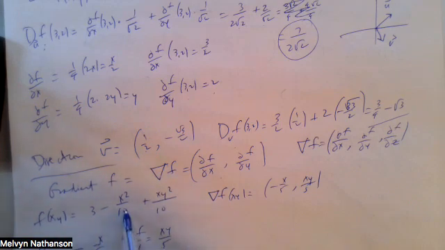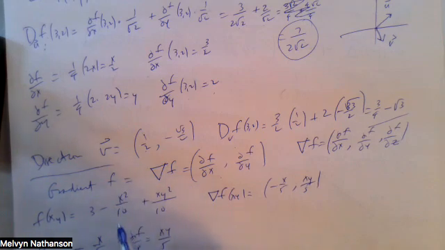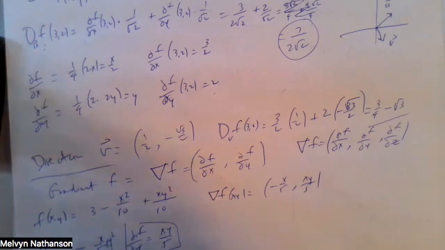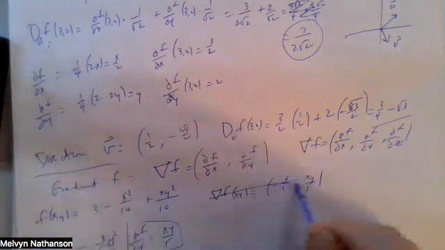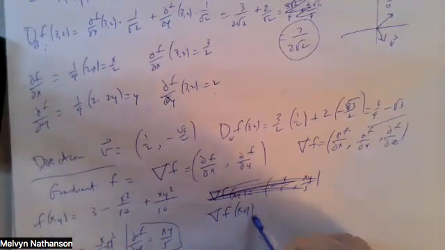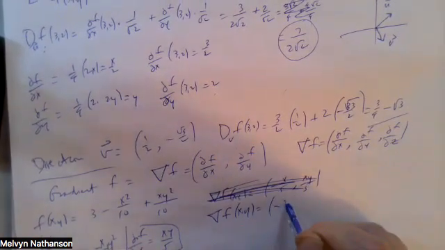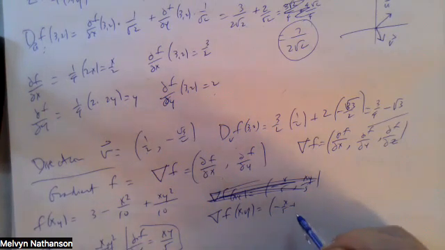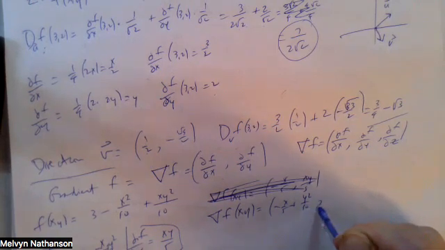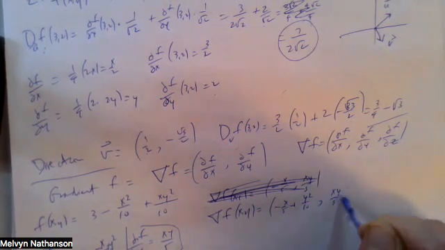Partial of f with respect to x: differentiate this with respect to x, I get 0. Differentiate this with respect to x, I get minus x over 5. Differentiate this with respect to x, I get plus y squared over 10. So the gradient of f at x, y is minus x over 5 plus y squared over 10, comma, xy over 5.